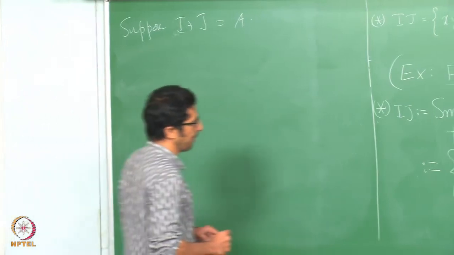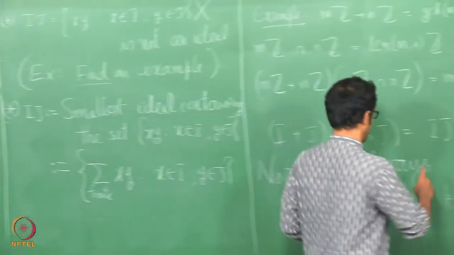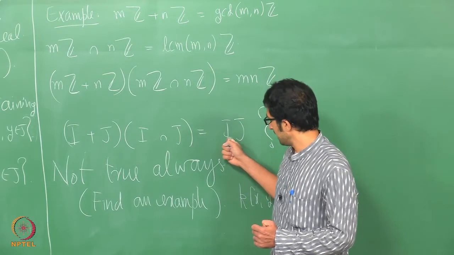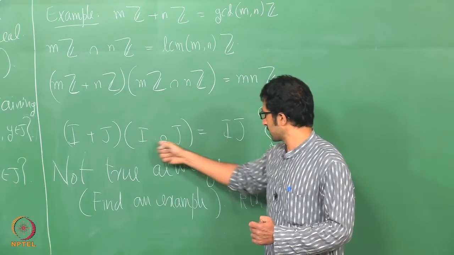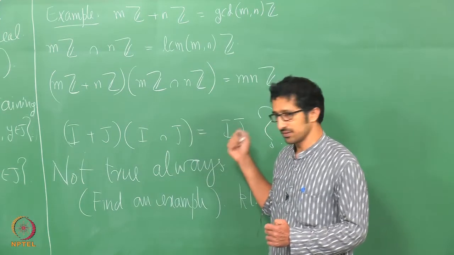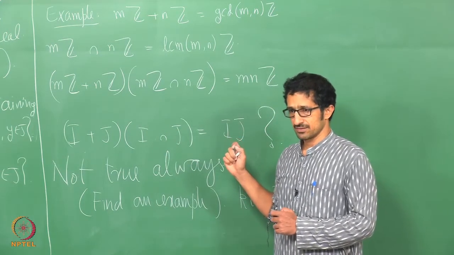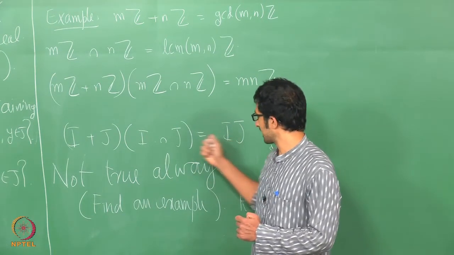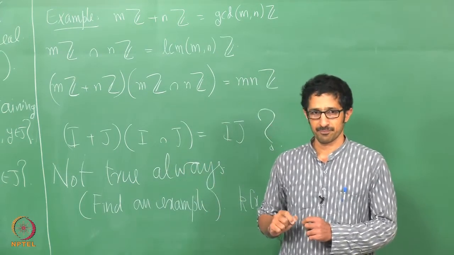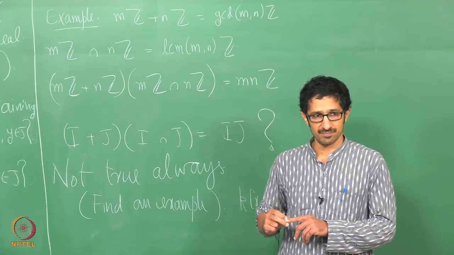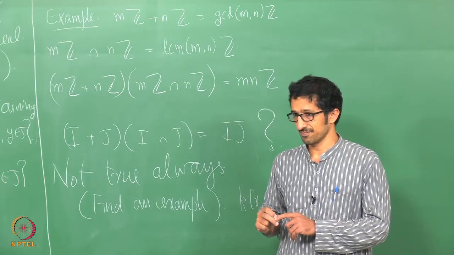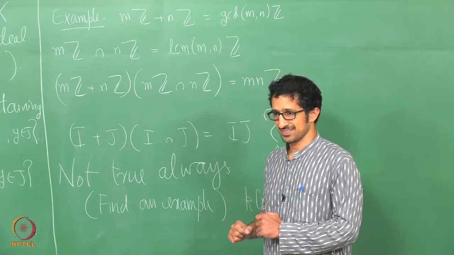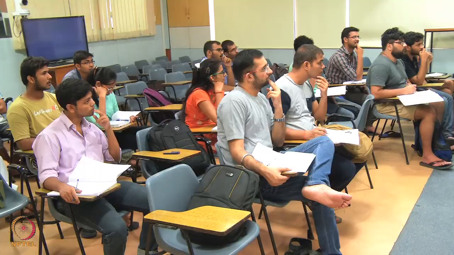In that case, when we write such a product, can you see one inclusion? Can you say that this is contained here? This is contained here. Which way is true?